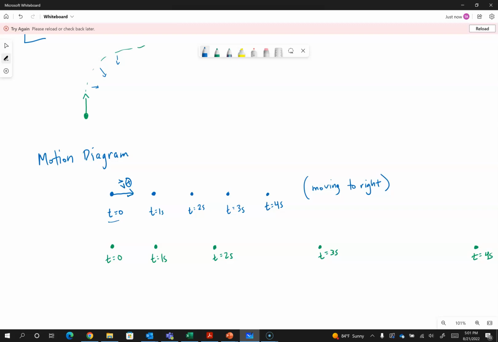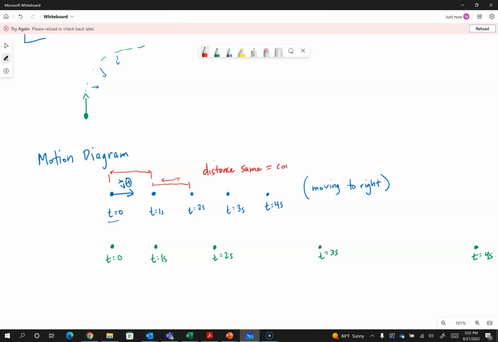Now, another thing we should be able to notice and observe is whether or not there is an acceleration. Again, acceleration means the velocity needs to be changing. If I look at the spacing between these dots, that distance is the same. If the distance between dots is the same, we are implying that this object is covering the same distance every second.